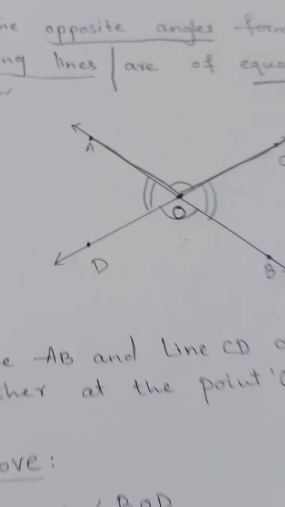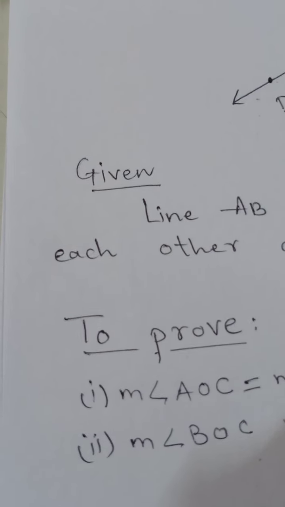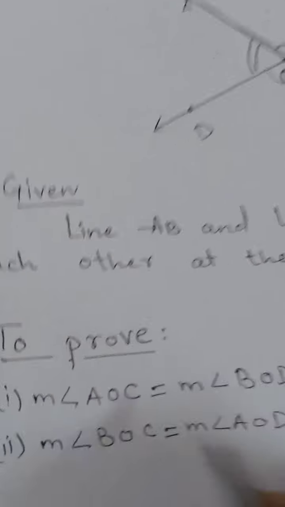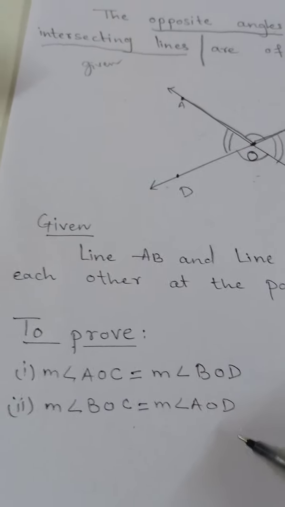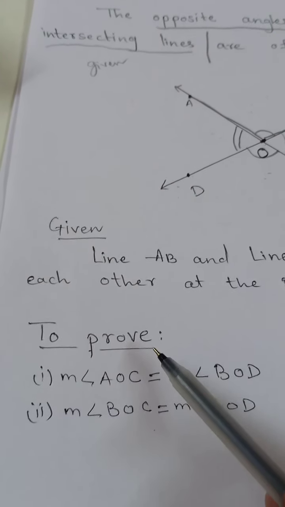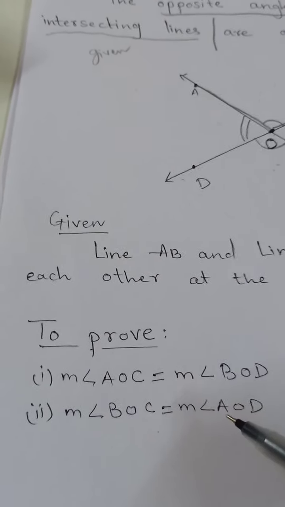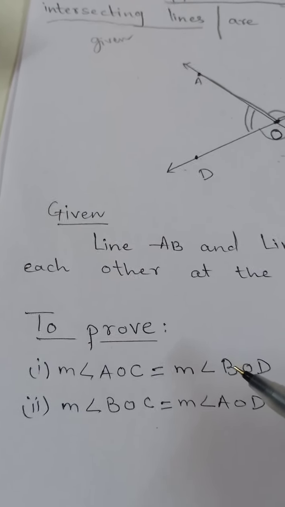We will take measure of angle AOD, and these two we also have to prove equal. The two pairs of opposite angles are given to us to prove. No need to prove both pairs. Any one of them we will prove, and for the second one we will write similarly we can prove that.